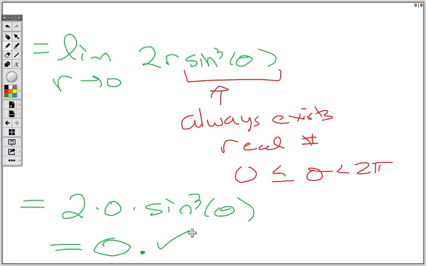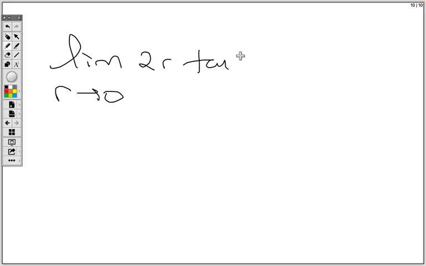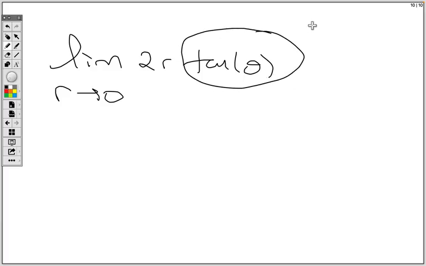Now, where you have to be careful with this kind of thing is, let's say this popped up in your limit, and you had 2r tangent of theta. Then tangent of theta is going to mess up at any of these pi over 2's. You follow?